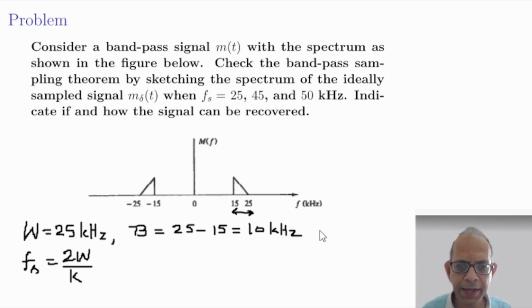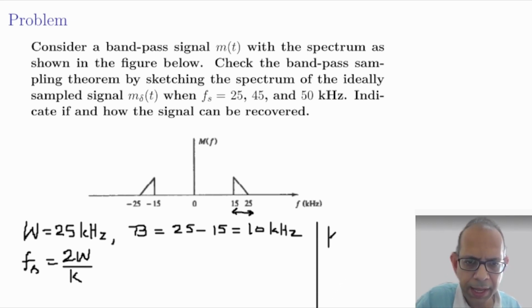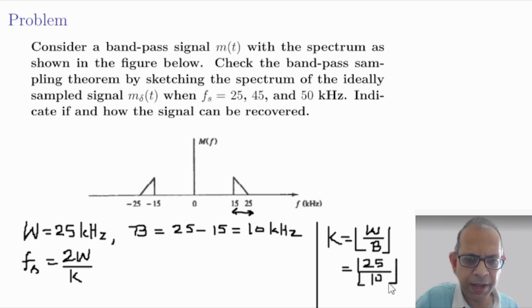where K, let us compute K separately here, K is the floor of W by B. That is, W is 25 kHz and the bandwidth is 10 kHz. So the floor of 25 by 10, which is floor of 2.5, that is equal to 2.